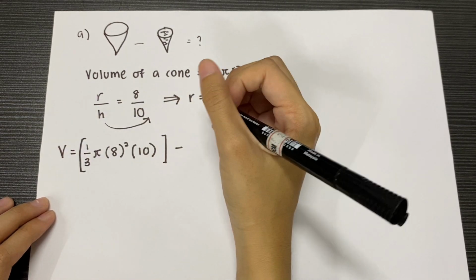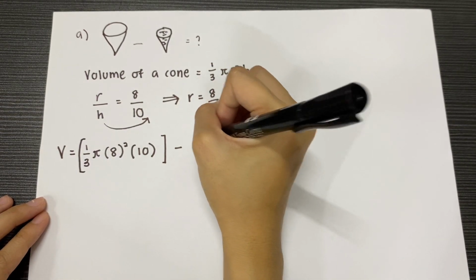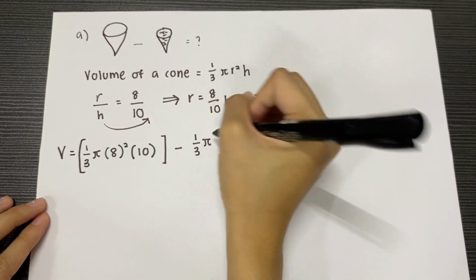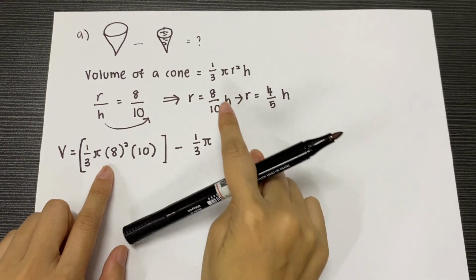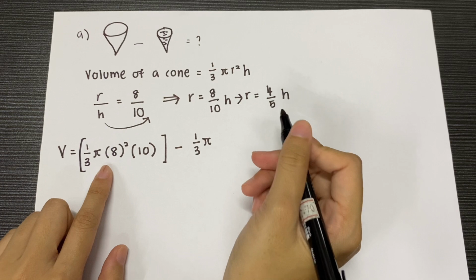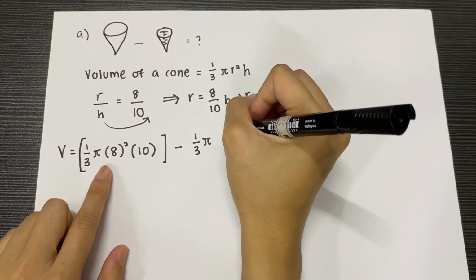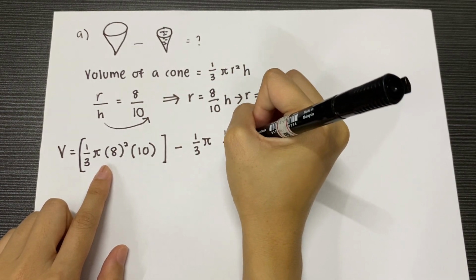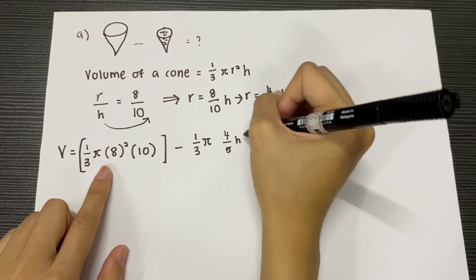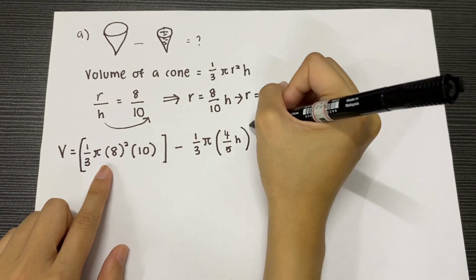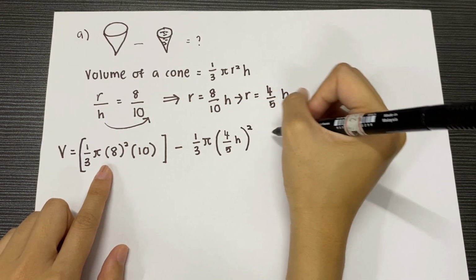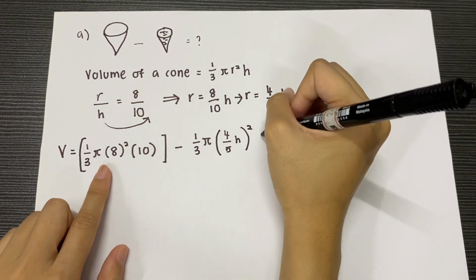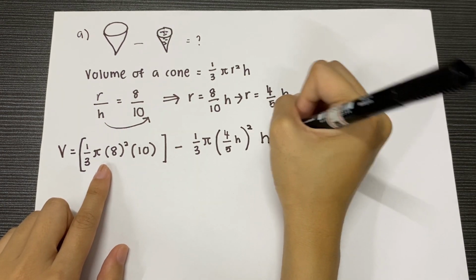Minus the smaller cone, which is 1 over 3 pi. The r is this one, 4 over 5 h, square, and h, since we don't know the height.